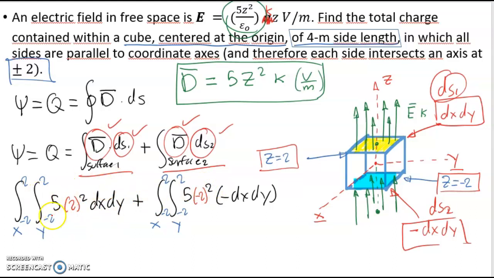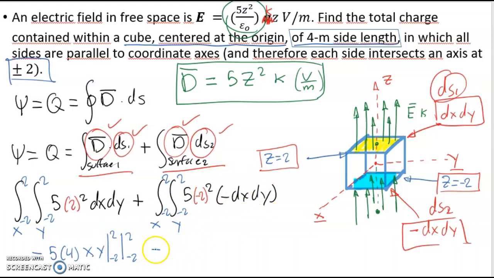So we integrate. Since all of this together is constant, it can go out of the integral. This one too, constant, can go out, and we will integrate dx and dy in both. So we will have 5 times 2 squared, which is 4, times the integral of dx dy, that means x, y evaluated from minus 2 to 2, minus 2 to 2.